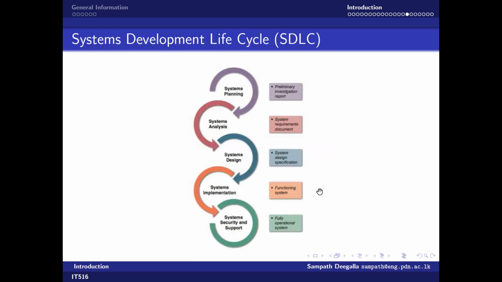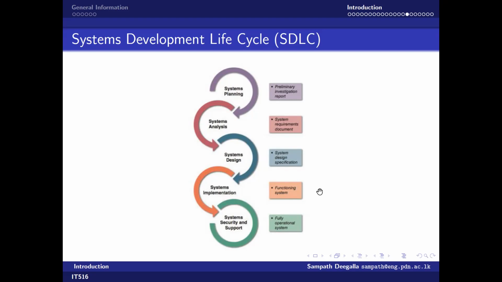So here are the different phases that we are going to see in the system development life cycle. I'm referring to the textbook. There we will have 5 stages, because different textbooks have a slightly different number of phases. But here mainly we are going to talk about 5 phases: system planning, system analysis, system design, system implementation, and system security and support. Right.